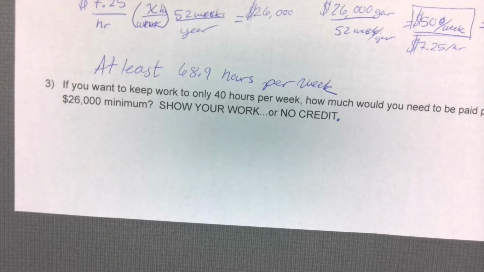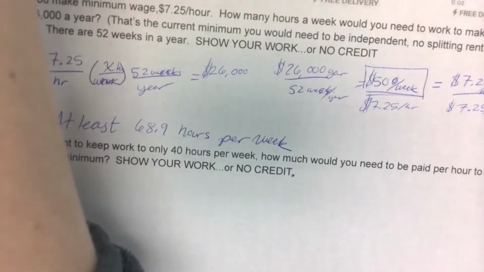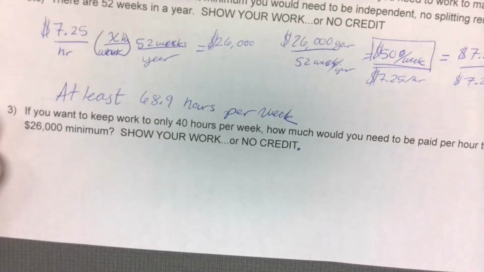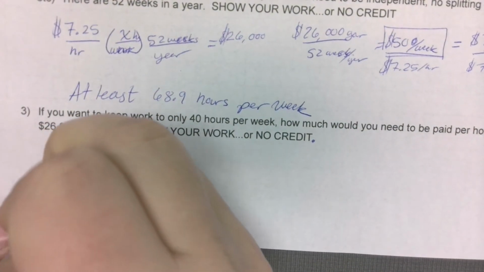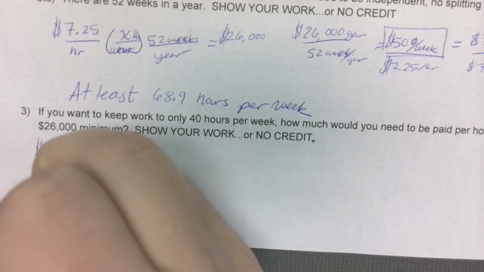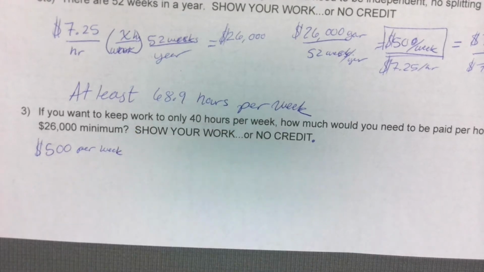Okay, guys, what could we do? How could we set this up? Open field here. Okay, what's the same as the previous question? Okay, so what would also be the same? Yeah, we still need to make $500 a week. So if I need to make $500 per week, how many hours am I working a week? What's my max?